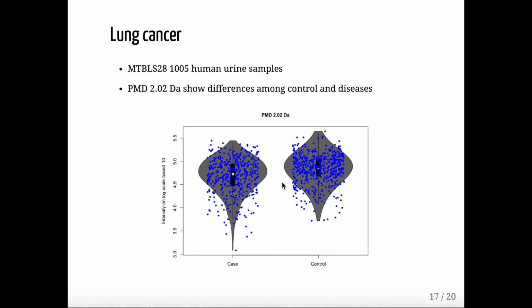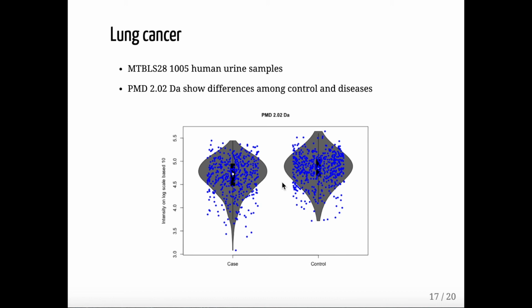So here I will take an example from a public data set. If you search this MTBLS28, you will find it online. It's a lung cancer data set with 1005 human urine samples. After I got this data, I checked the high frequency PMDs as well as some non-PMDs from the KEGG database that we are sure have a relationship with reactions.